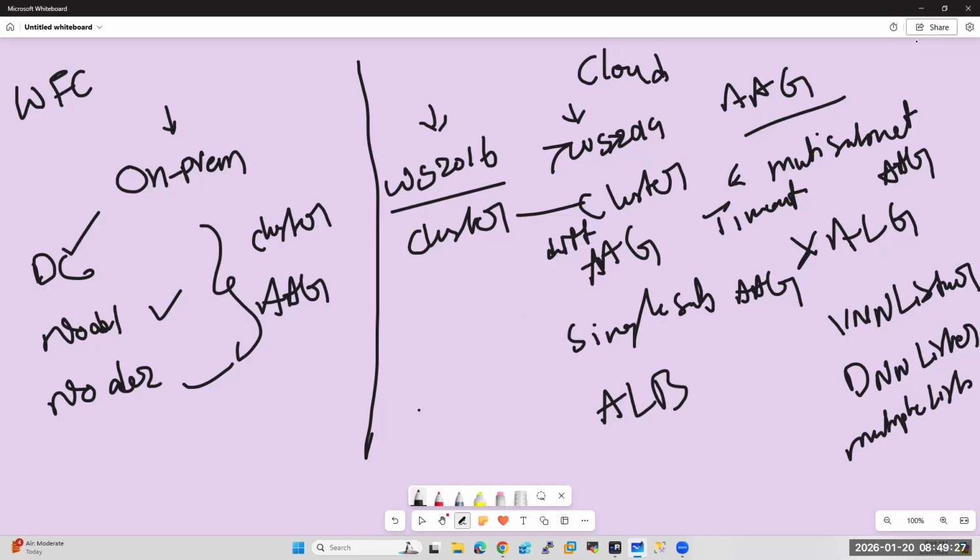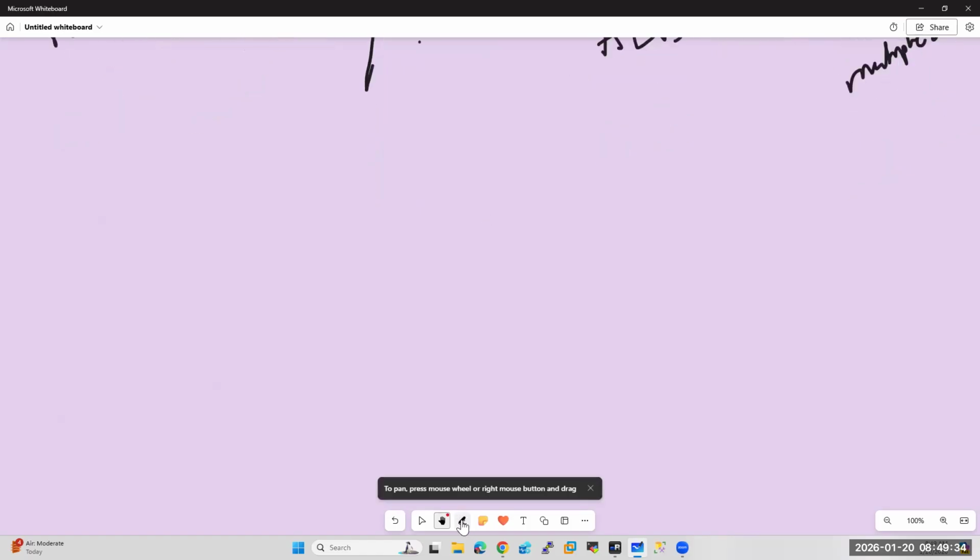Next, after this, we are going to discuss the DR setup. Under multi-subnet, we will add the DR site, disaster recovery site. I will build the DR site and add it to the existing Always On availability group.